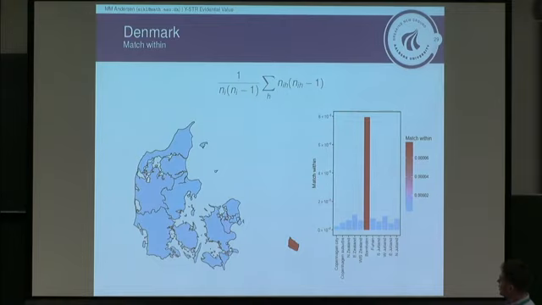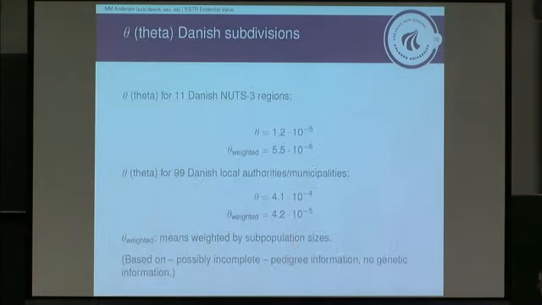What you see is that they are quite similar, the theta within values, but Bornholm sticks out, and that's because it's rather small, so you don't need many matches within that to get a high within match probability. And we can move on to estimate these theta values by using the formulas I showed earlier.